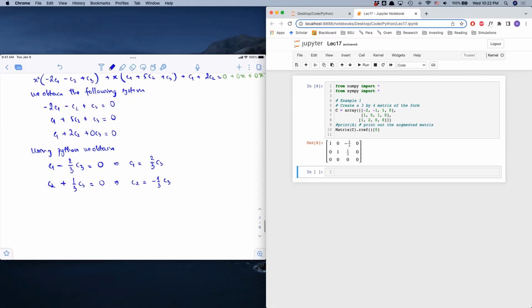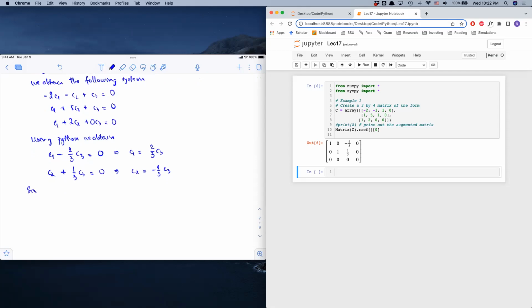Okay. So since we obtain non-trivial solutions of c1, c2, c3, we show that S is linearly dependent.